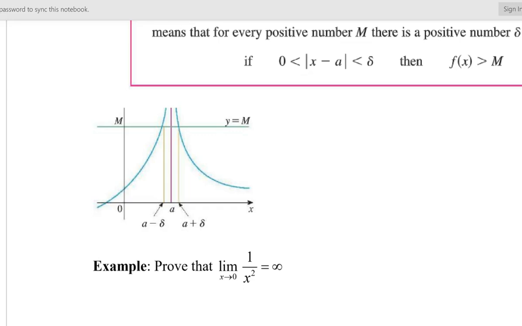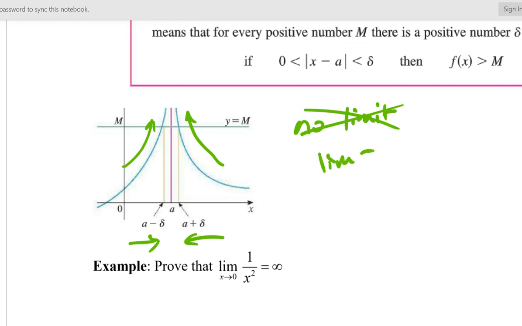And as x gets closer and closer to a, the graph goes off to infinity. So there is no limit, okay? Or actually, the limit is infinity, okay? No, it's kind of the same thing. It's just saying it two different ways.